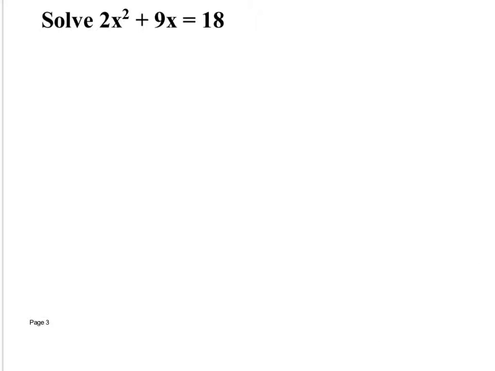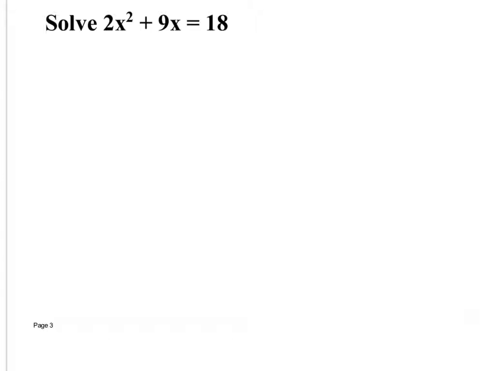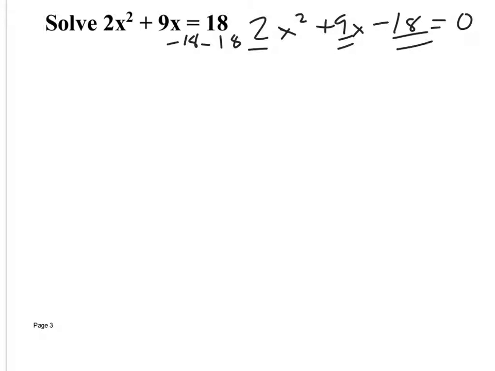So again, rewrite this, getting it into quadratic form where 0 is on one side. To do that, I would subtract 18 from both sides. So I'd have 2x squared plus 9x minus 18 equals 0. So that's a, that's b, and that's c.